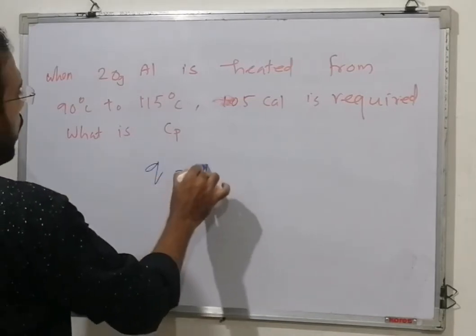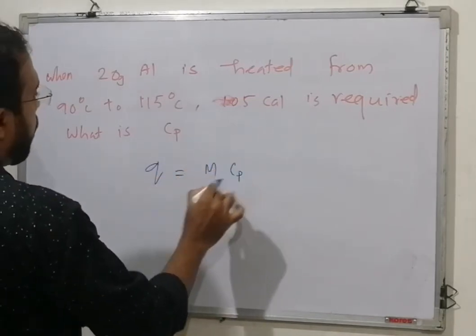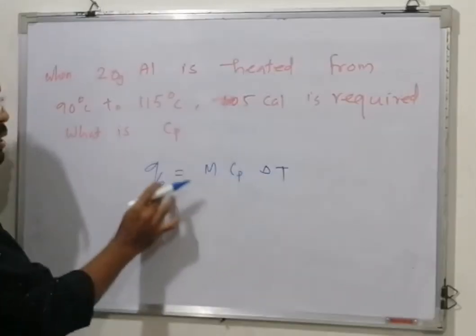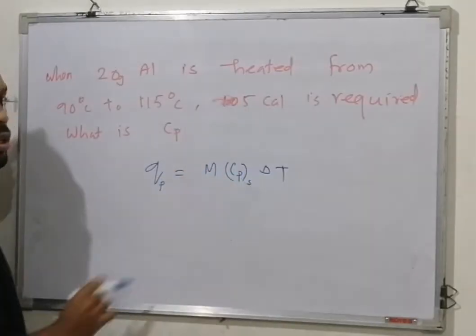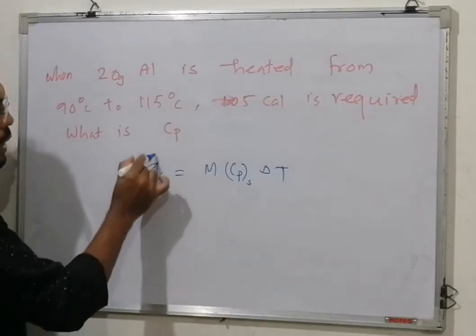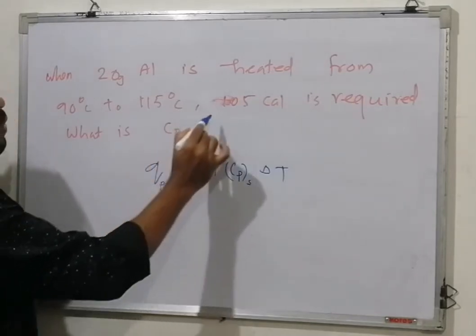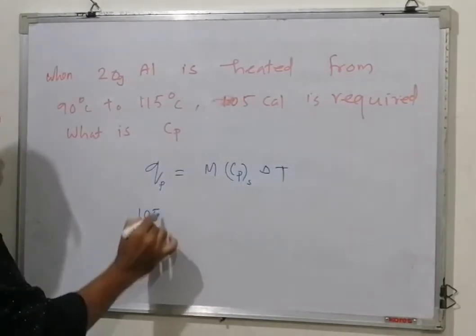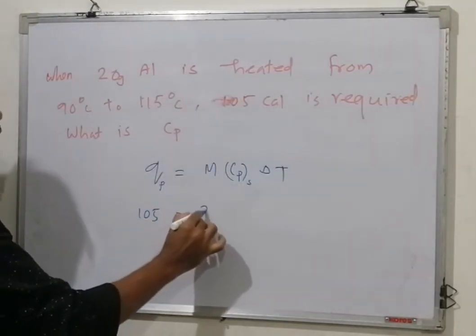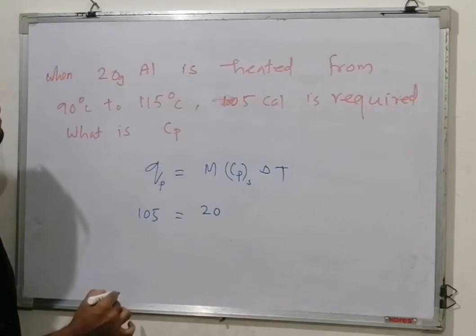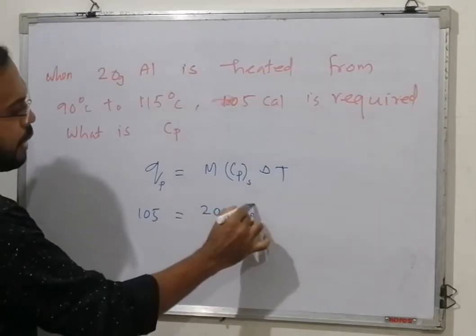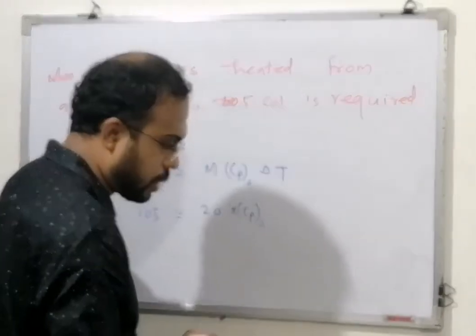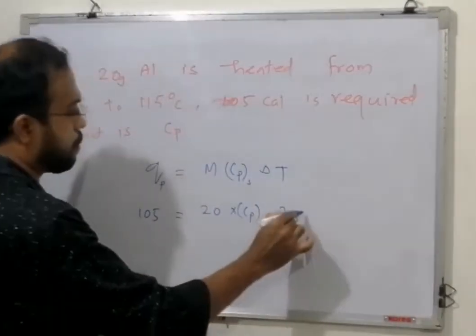Q is equal to m CP delta T. Therefore, here QP, delta T. Why do I write CP? Specific heat capacity at constant pressure. Therefore, I write the QP. 105 calorie heat is required. Therefore, QP is 105. m is given, 20, into CP. What is the temperature change? 25.